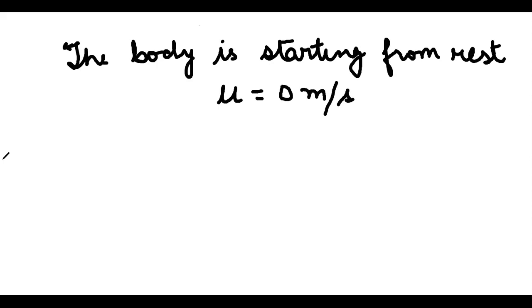If the body is starting from rest, means its initial velocity is 0. Learn this. I'll ask you in the class also. You have to answer me these two parts.